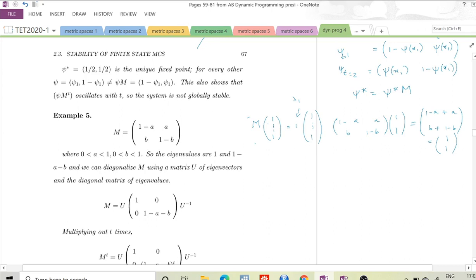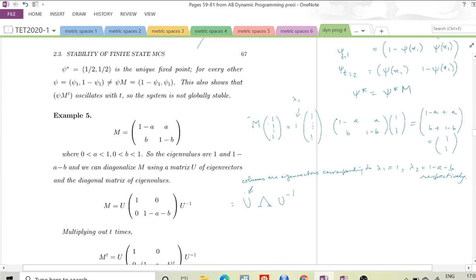So I can diagonalize the Markov matrix M and write it as U times this matrix of eigenvalues, lambda, times U inverse, where the columns here are eigenvectors corresponding to lambda 1 and lambda 2 respectively, right? Okay.